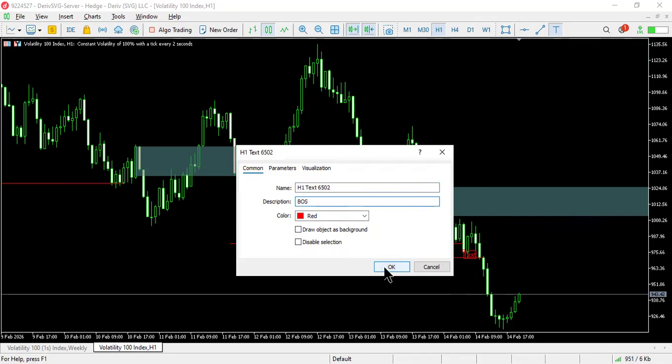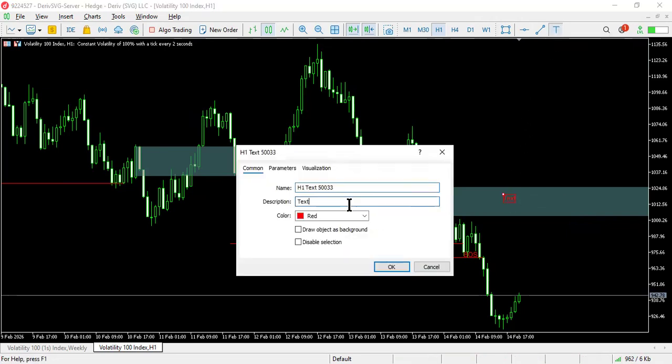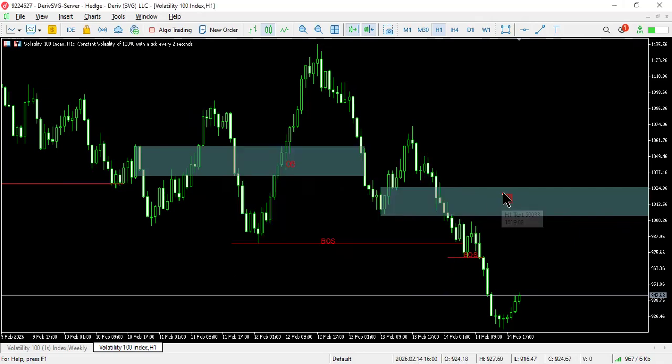So that is a break of structure. And then my order block, I'm going to be positioning for a sell at that order block right there.